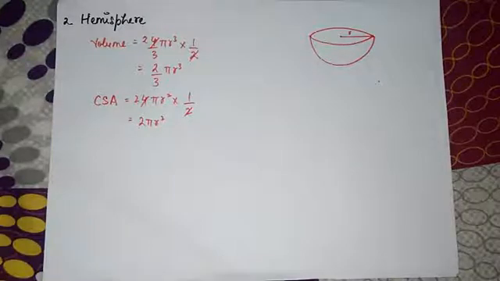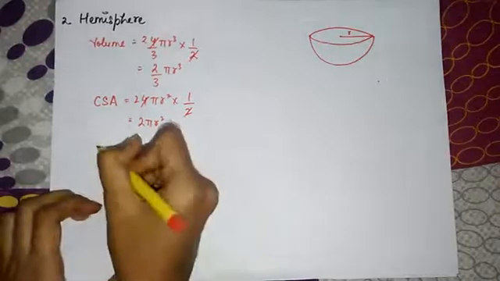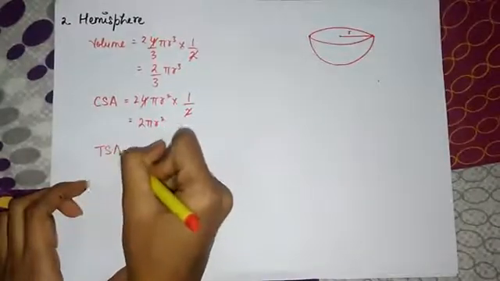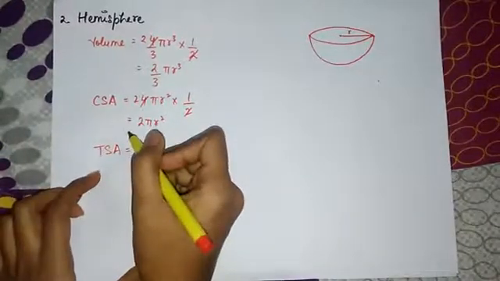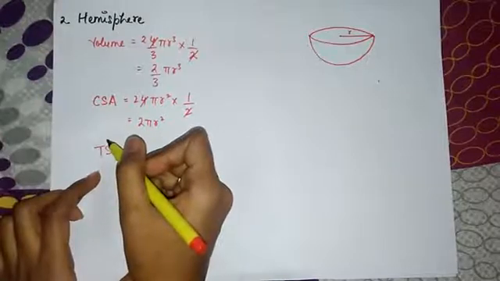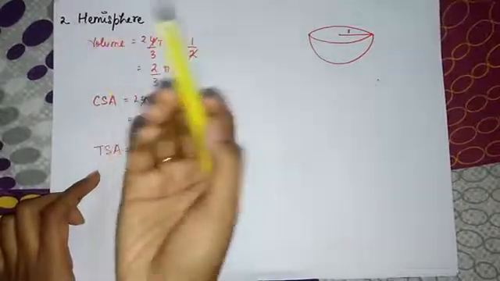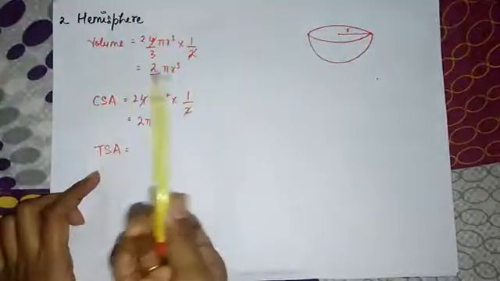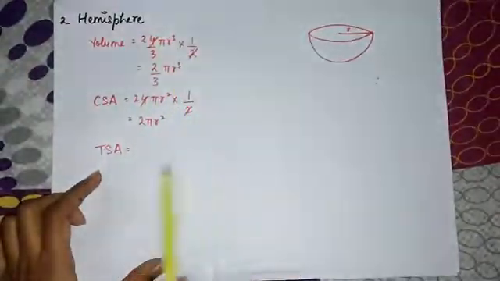But in case of the sphere, you add same formula for curved surface and total surface, but hemisphere has a different formula for total surface. I'll write TSA for total surface. So total surface area of any figure is its curved surface area and then the area of its top and bottom.